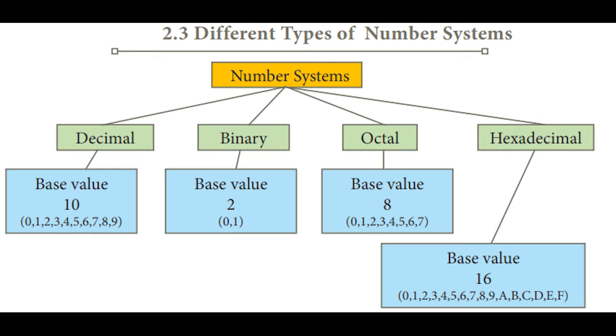Binary means the base value is 2 and here we'll have 0 and 1. Octal means the base value is 8 and here we'll have 0, 1, 2, 3, 4, 5, 6, 7. And hexadecimal means the base value is 16 and we'll have the numbers 0, 1, 2, 3, 4, 5, 6, 7, 8, 9 and then instead of 10 we'll have A, instead of 11 we'll have B, C, D, E, F, right?